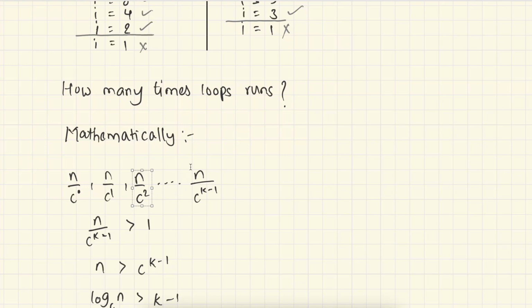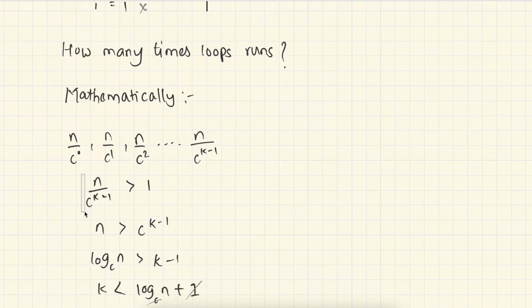So our last term is going to be n divided by c to the power k minus 1. As we are running the loop k times, the exponent goes from 0 to k minus 1, which is k times.